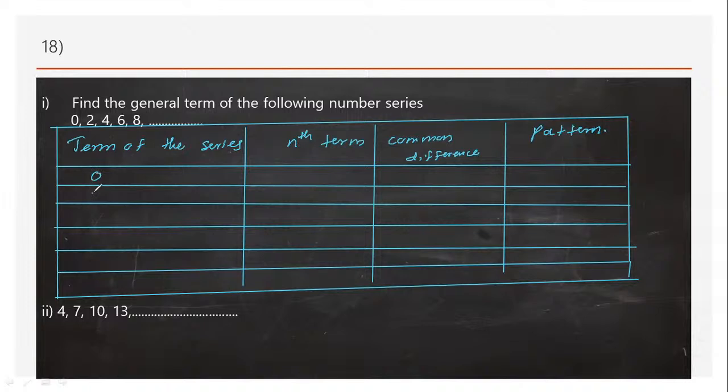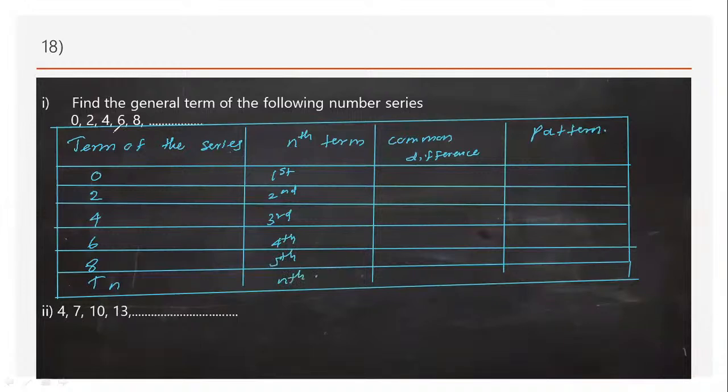0, 2, 4, 6, 8, nth. It means Tn. In term we represent as Tn. This is first, second, third, fourth, fifth, nth.